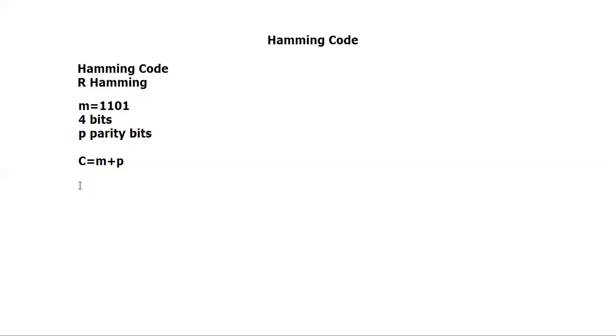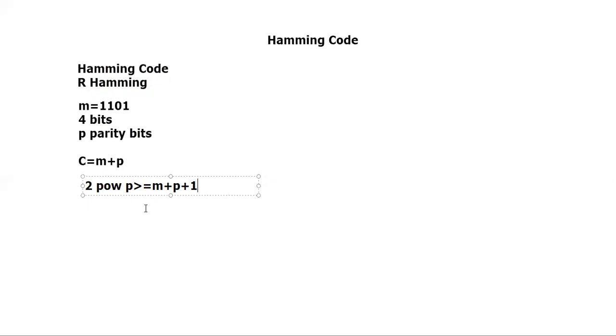To calculate the number of parity bits, we have a formula: 2 to the power of p should be greater than or equal to m plus p plus 1. So the number of parity bits can be calculated using this formula.